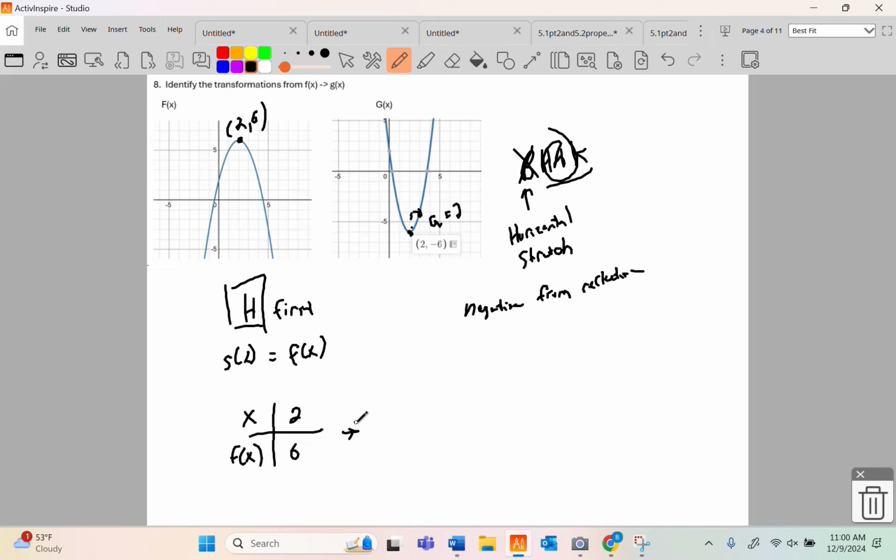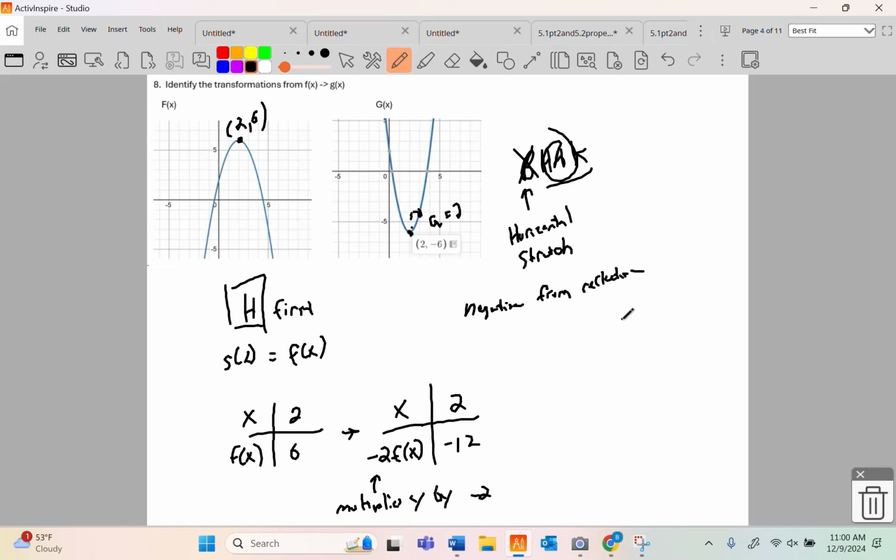Now I'm doing x and -2 f of x. What that -2 does is it multiplies y by -2, right? So x is still 2, but this becomes -12.